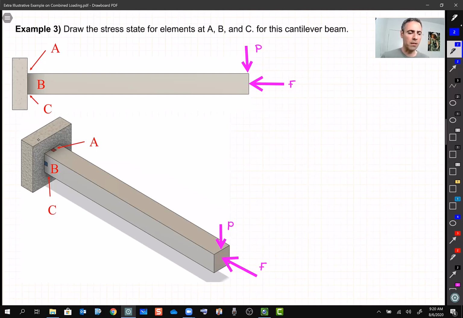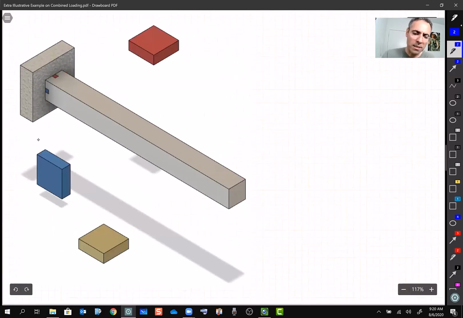So that's simple. For point A, I'm going to have a tension which comes from the bending, and we know the formula for that one.